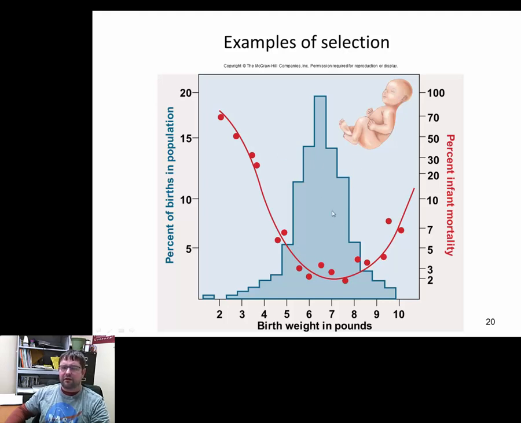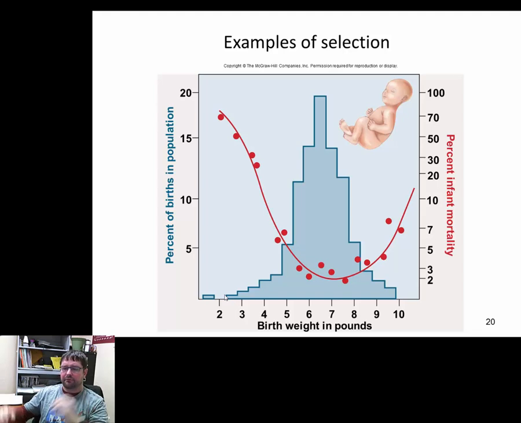Now, that being said, you do have situations where modern medicine and modern technology has kind of stretched this stabilizing selection out. If you think about babies that were born in the 1800s or the 1700s, if they were sitting at 2 pounds or 3 pounds, there's no way they're going to develop. Preemies didn't really have a chance.